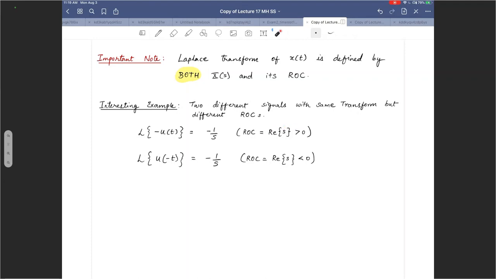But for u of minus t, it is also the same function, negative 1 over s, but in this case, the region of convergence is real part of s is less than 0. A right-sided signal first, left-sided signal second. Same Laplace transform, different ROCs.